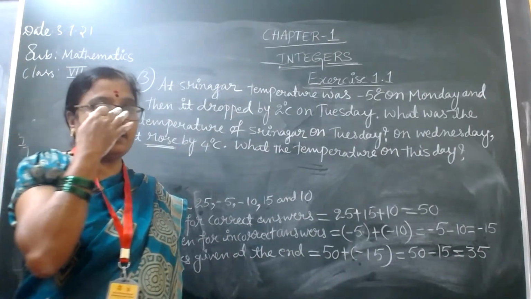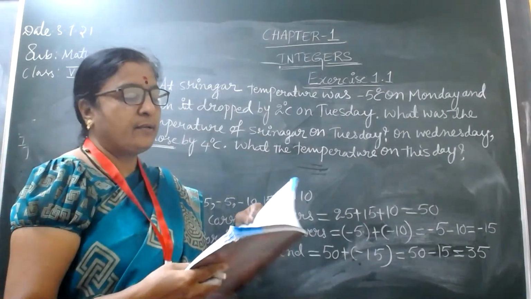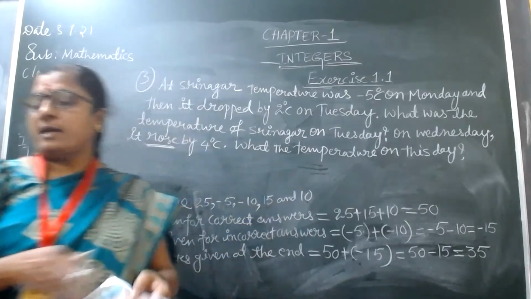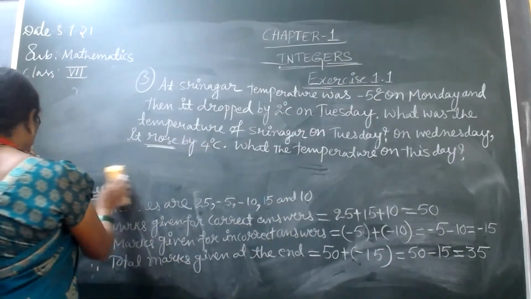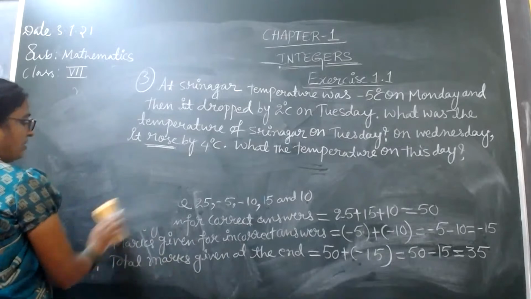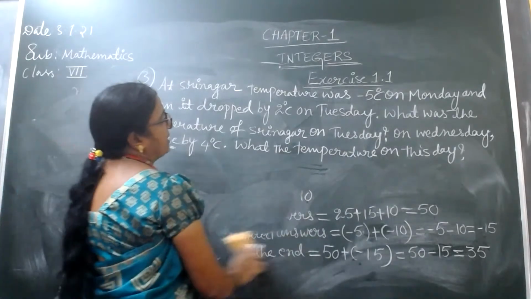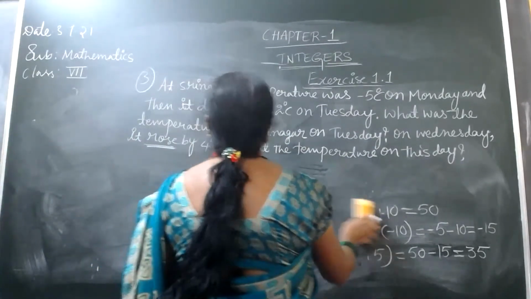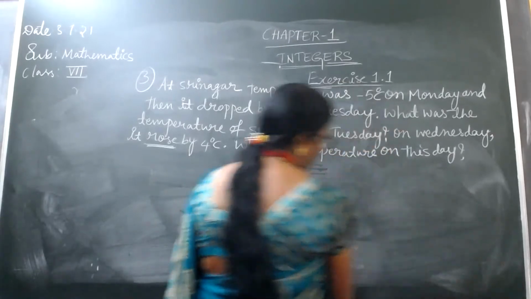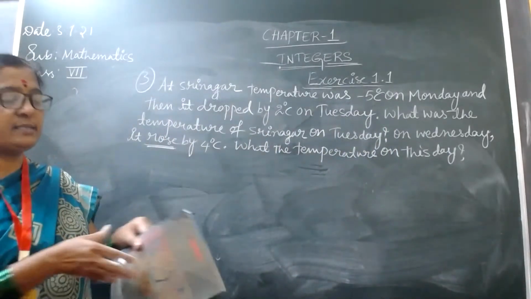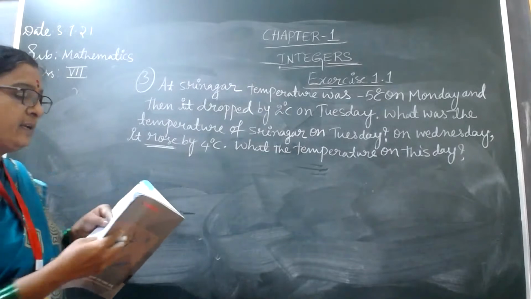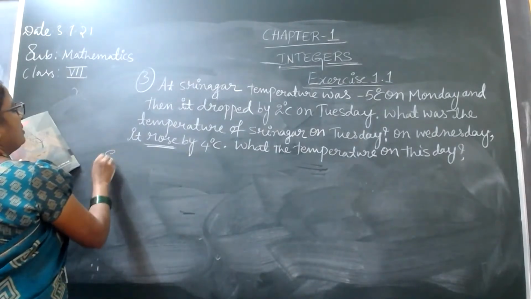Okay, rose means increased. So I give the solution for question 3. Temperature of Srinagar. How much is it on Monday? Minus 5 degrees. So I write down the solution.